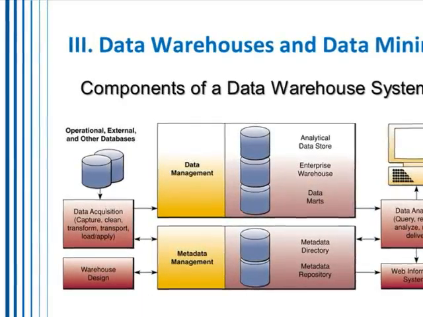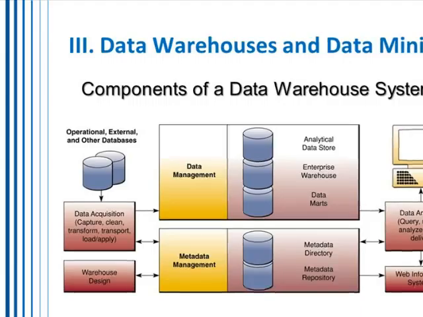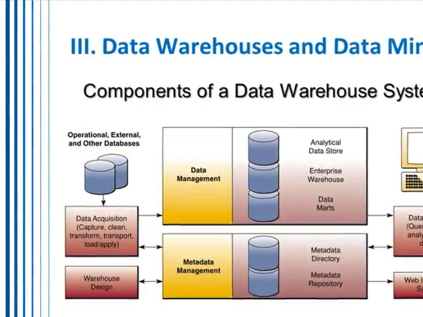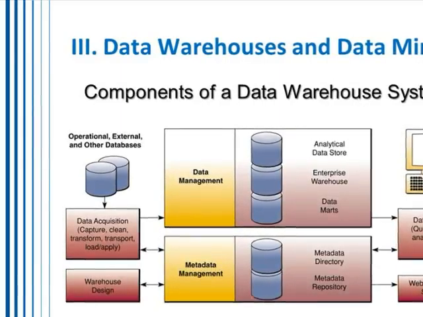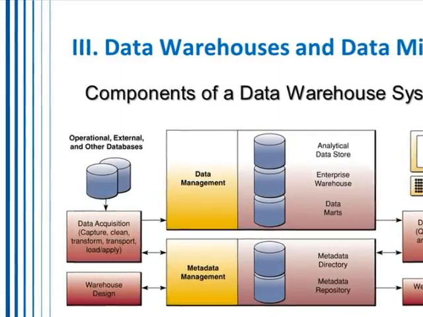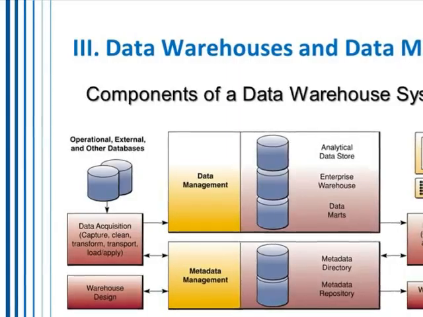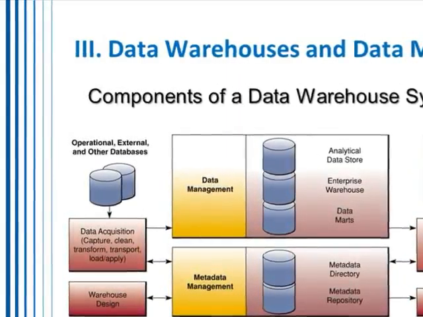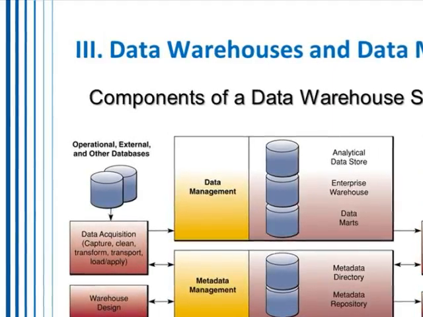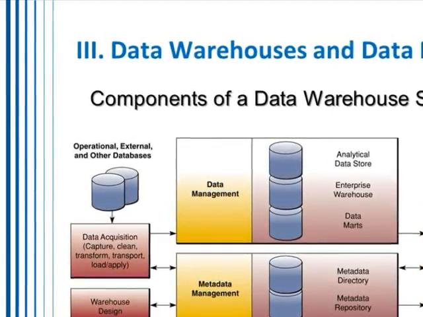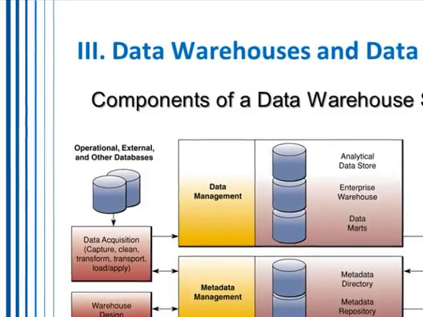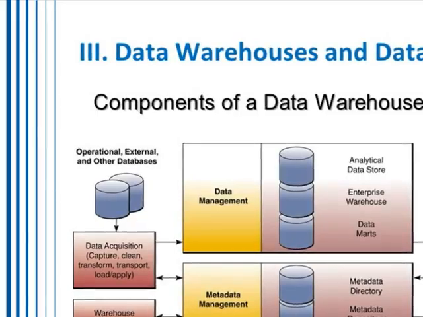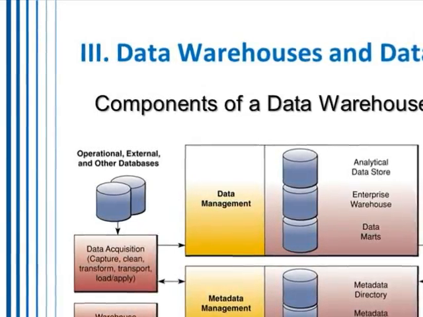That data management system then has an analytical data store, an enterprise data warehouse, and then the data marts, which then goes over to the data analysis, which is identified by the client computer, where work is actually performed and the data mining occurs, which then leads down into the meta directory and meta repository, which is part of the meta management, which is part of the warehouse design. If you see the flow there, you can follow and trace the components of the data warehouse system.